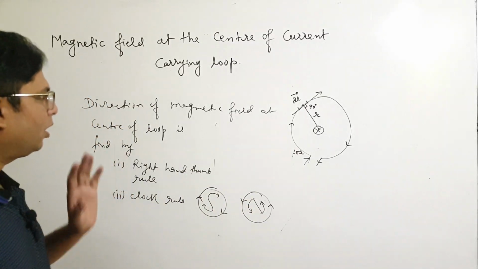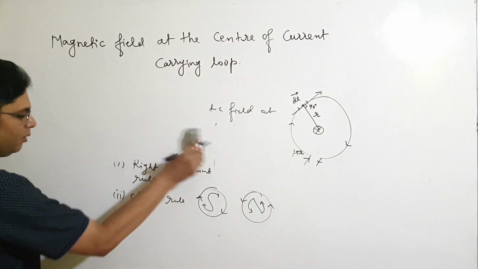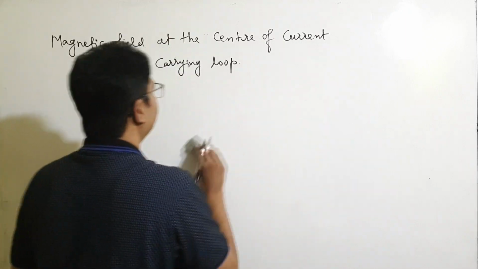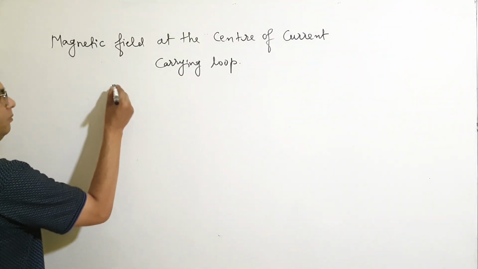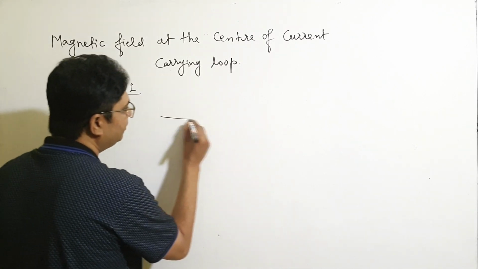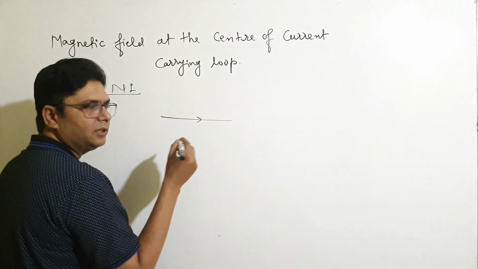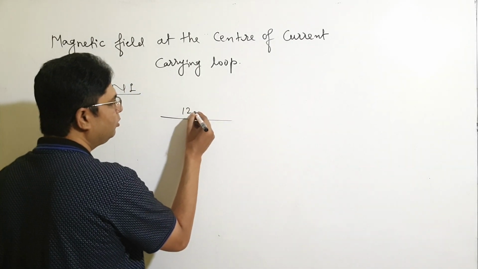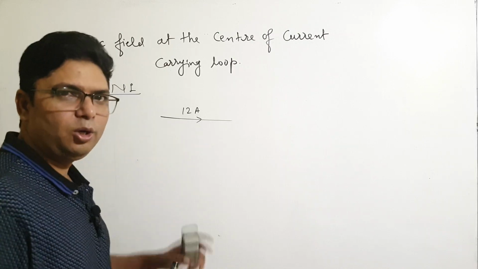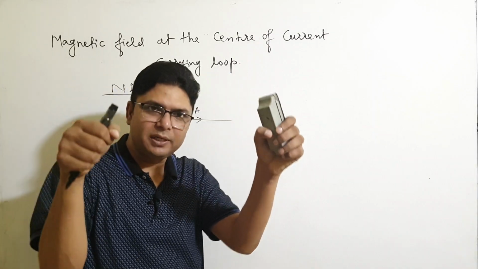So now let us have a numerical based on this. Numerical number 1. Suppose I am giving you a wire. This is a wire, and in this wire current is moving, 12 ampere. Current is of 12 ampere. Now this wire is bent in a semicircle.